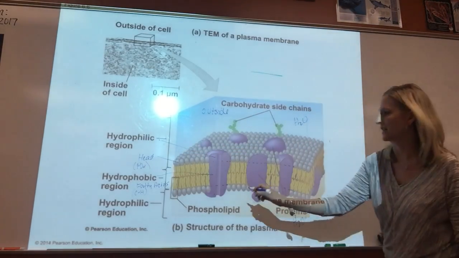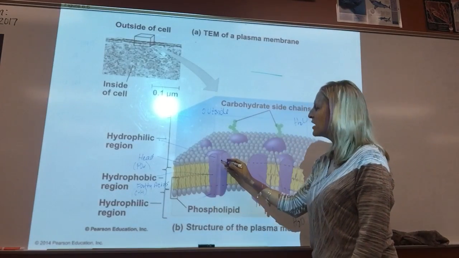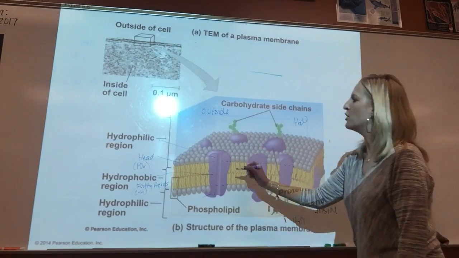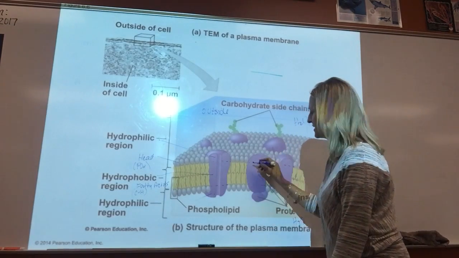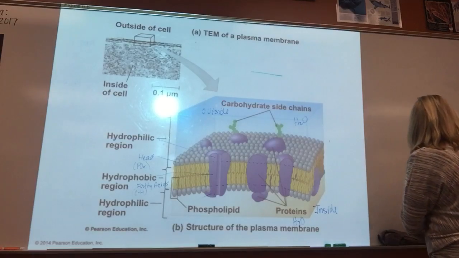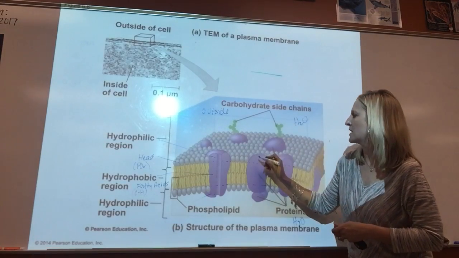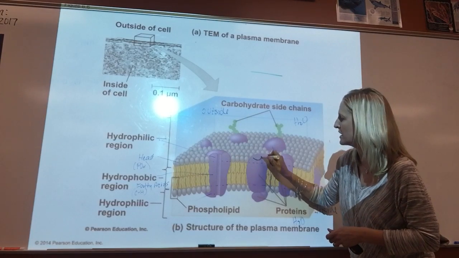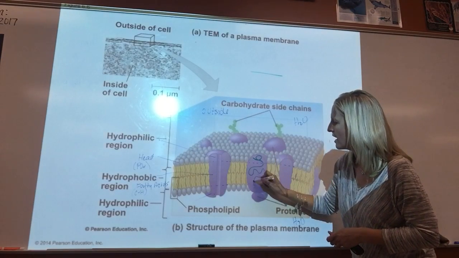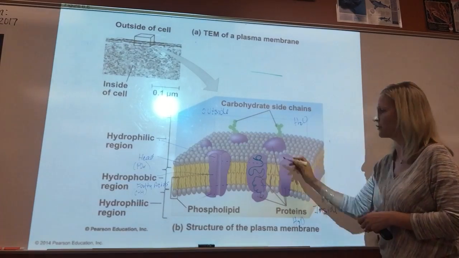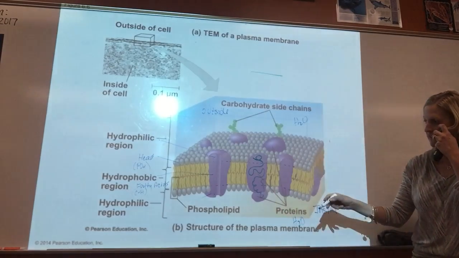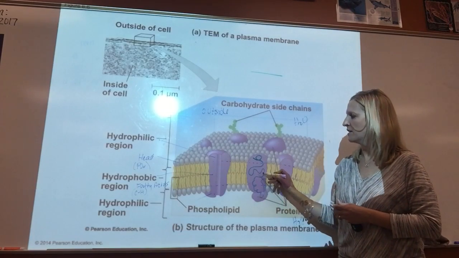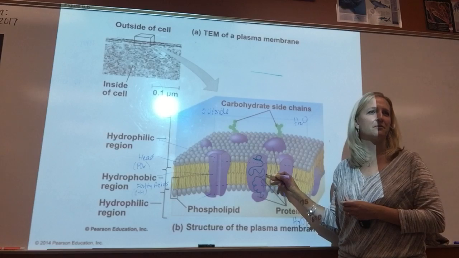And this would be hydrophilic again. So proteins are what? Chains of amino acids, right? So the amino acids that make up the center part here, relating it back to last chapter, so here's your chain of amino acids here, and so on and so forth. So this gives it this shape, this is your chain of amino acids. The amino acids in this part that's hydrophobic, what would be true about them?